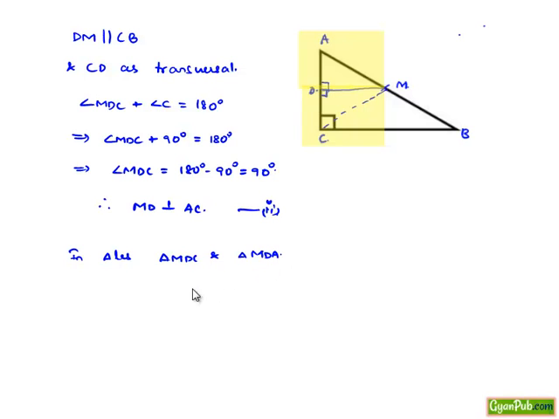In these two triangles, angle ADM is equal to angle CDM is equal to 90 degrees, and AD is equal to DC, since we got that D is a midpoint of AC, and here DM is a common side for both the triangles.